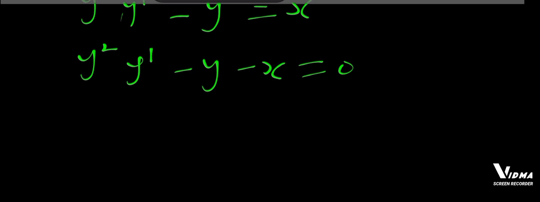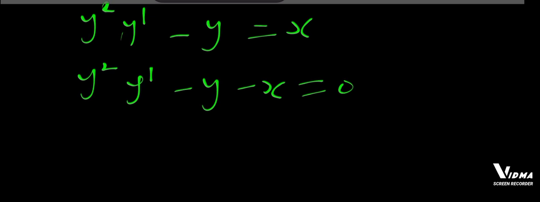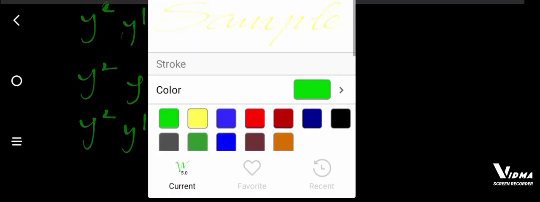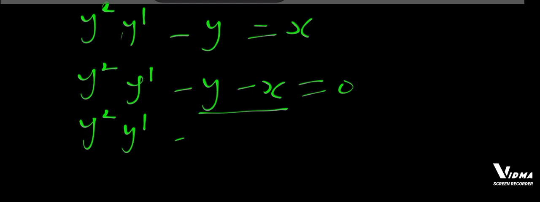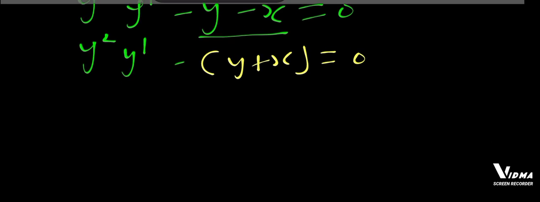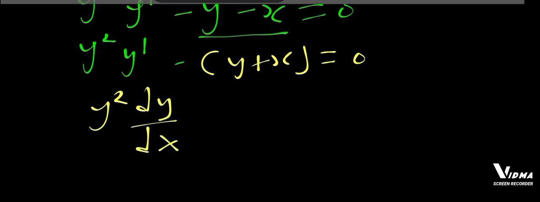So we can write these two variables as one term. So it becomes y square y prime minus y plus x. Okay. And we all know that y prime stands for what? Dy dx. So I'm going to write y square dy dx minus y plus x being equal to 0.